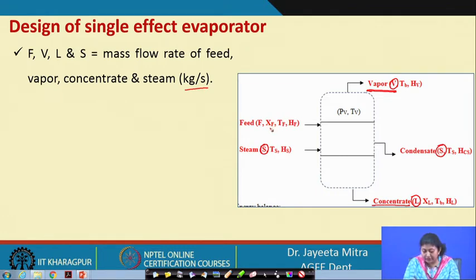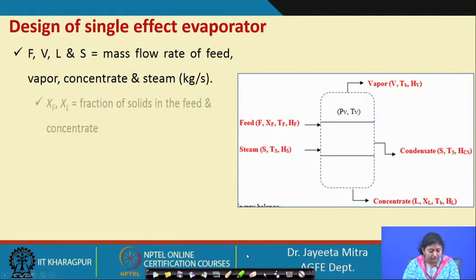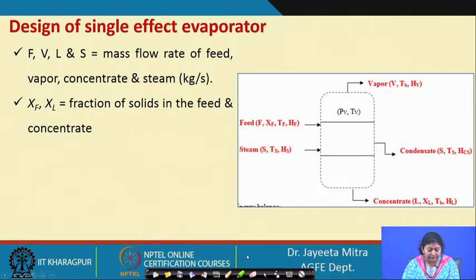So, the concentration XF, the concentration of solid in the feed, was definitely lower than the concentration of solid in the concentrate that is coming out. XF and XL are the fractions of solid in the feed and concentrate.